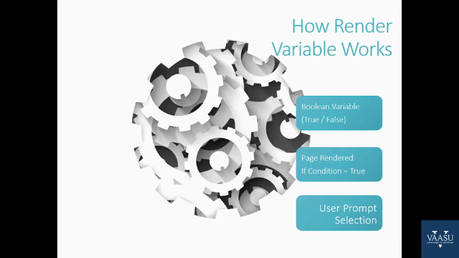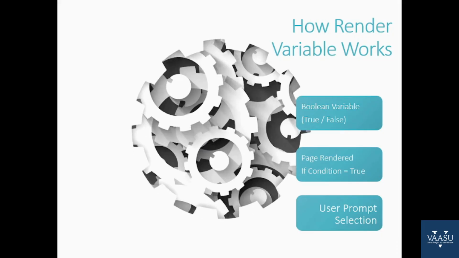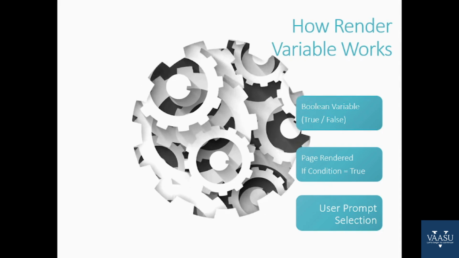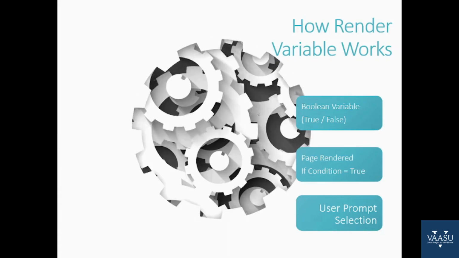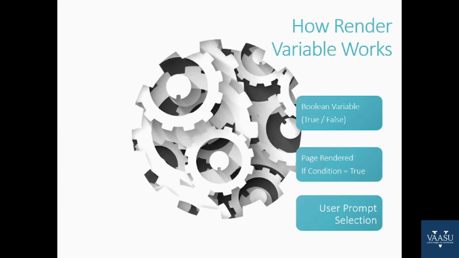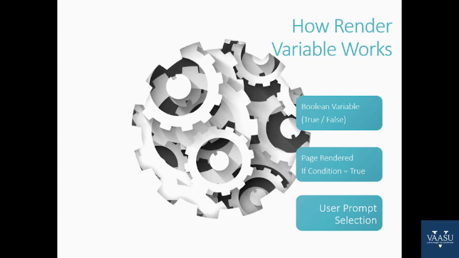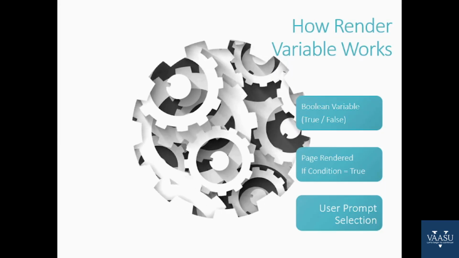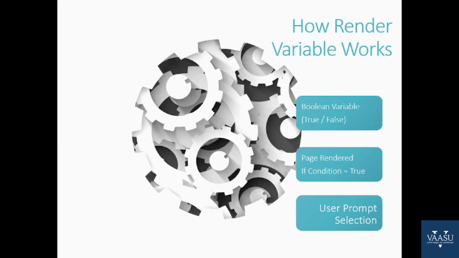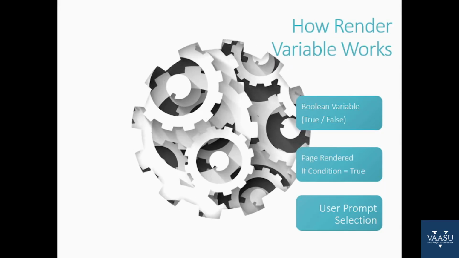Now let's see how a render variable actually works. If we see the flow, the first thing is the user selects the prompt. Based on the prompt selection, the prompt value is passed to the parameter. That's the second step.